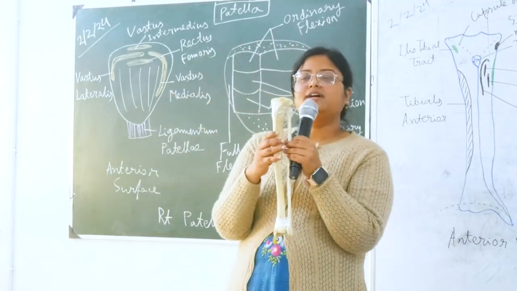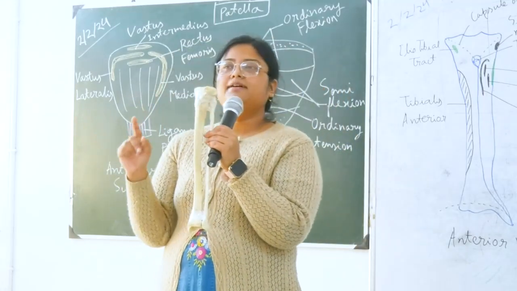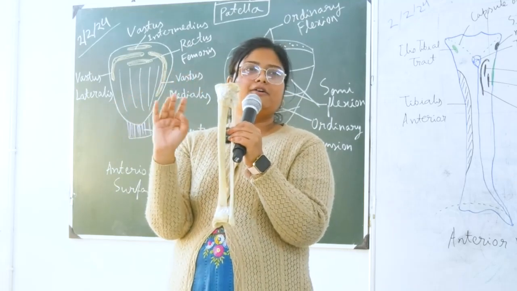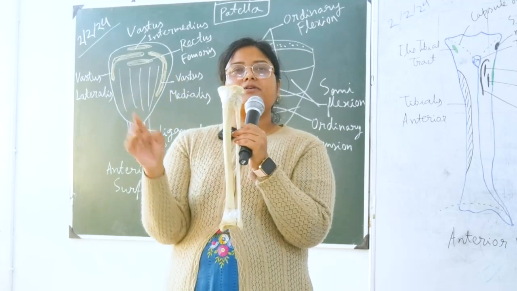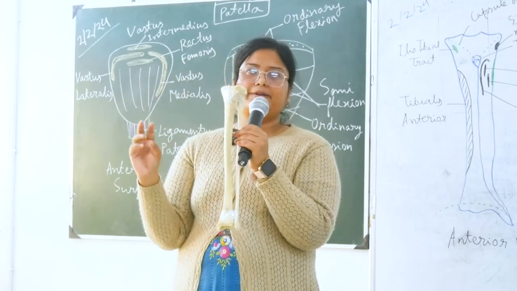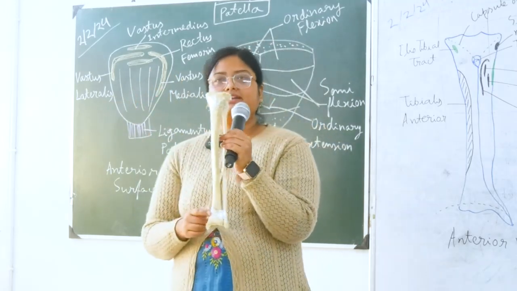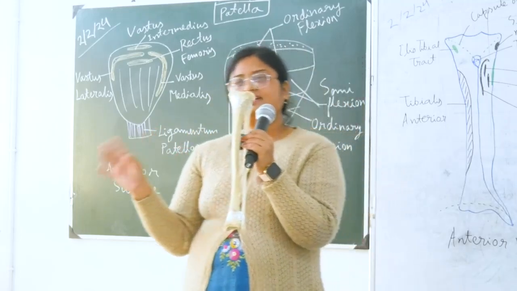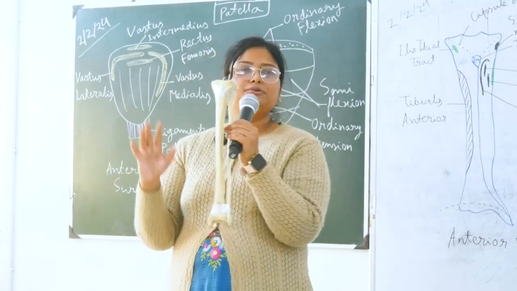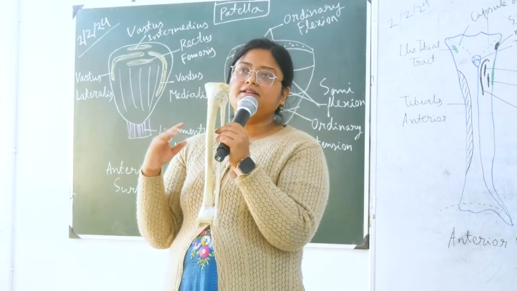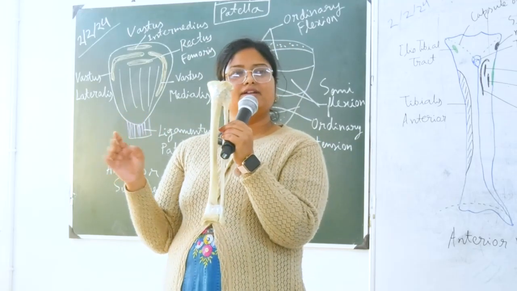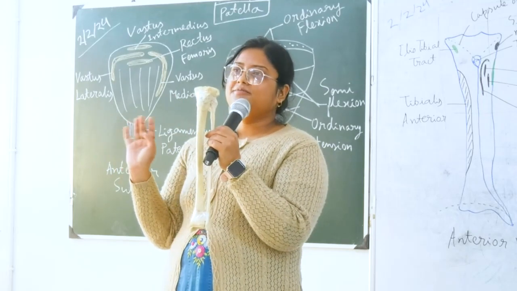The upper end center appears at birth or within 1 year of birth and fuses with the shaft at about 17-18 years. The lower end center appears at about 2 to 3 years and fuses with the shaft at about 15 to 16 years. So this is the ossification of tibia.